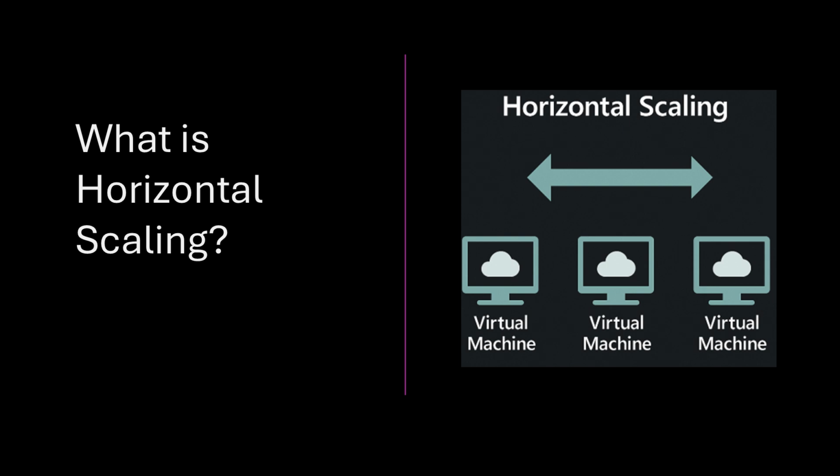When you're deciding between vertical and horizontal scaling, you need to consider how your application behaves and what kind of flexibility you require. If you are looking to optimize costs for underused virtual machines, for example, during off-peak hours, then vertical scaling might be your best option.